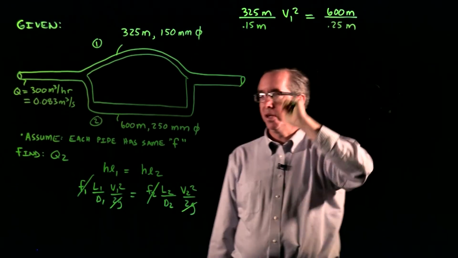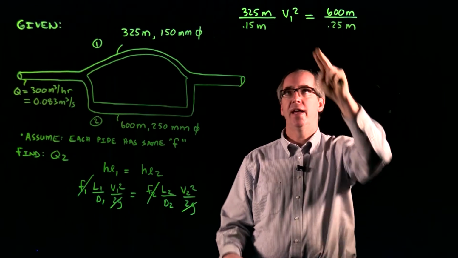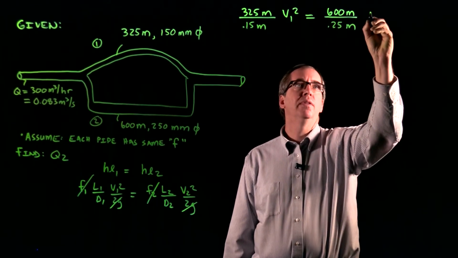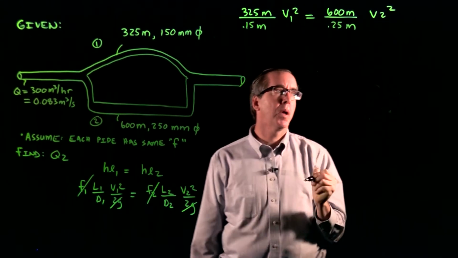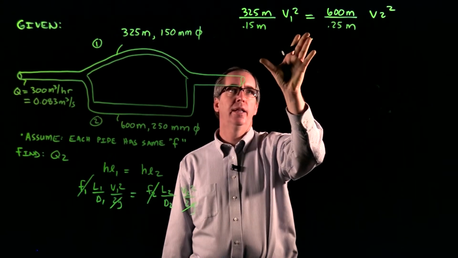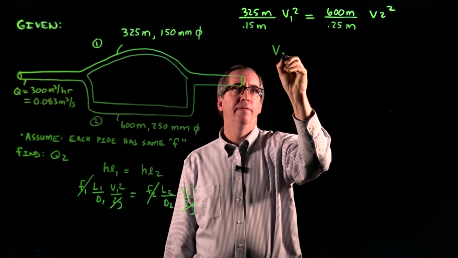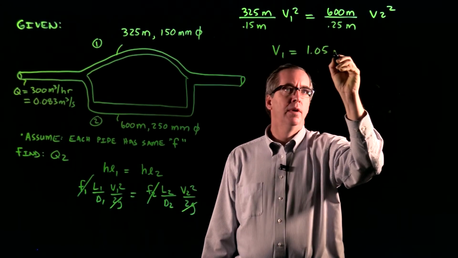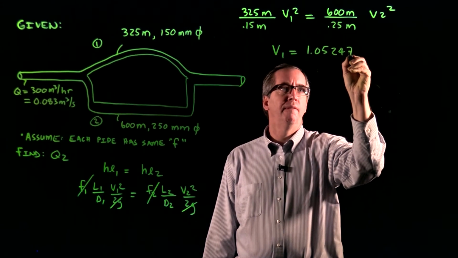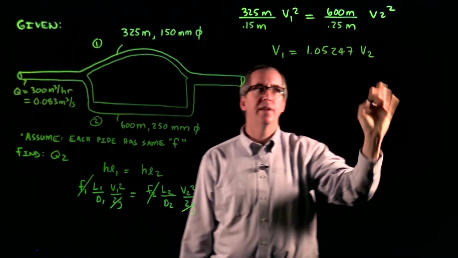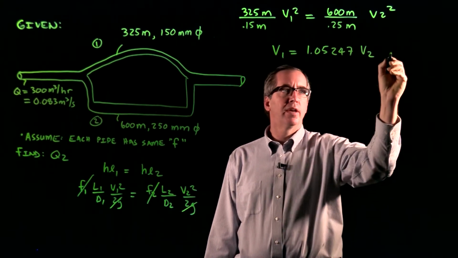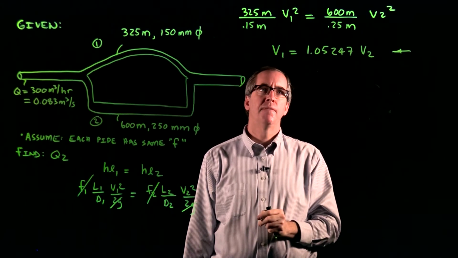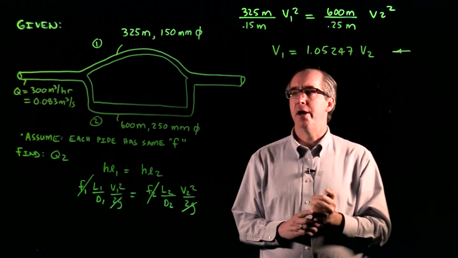I'm just making sure the units balance out: if I have meters in the numerator, I have meters in the denominator. And then this would be the V2 squared. When I plug this into my calculator, taking the square root, I get V1 is equal to 1.05247 V2. I normally don't carry that many decimal places, but in this particular case I'm doing it because we're going to be carrying it through several calculations. So there's my first equation.